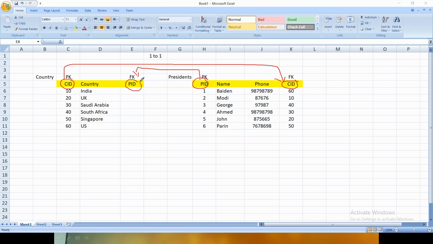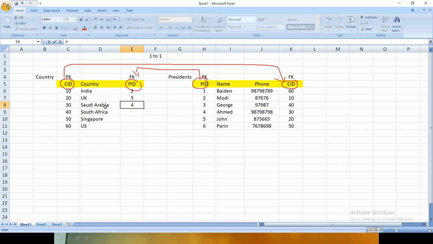Now you can have the data. India's Prime Minister is Modi. Modi number is 2. Right? UK Prime Minister is, UK means 20, right? So John. John is 5. Clear? Saudi Arabia 30 is 4.